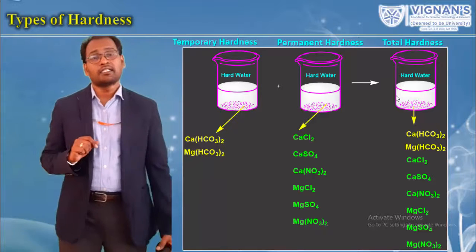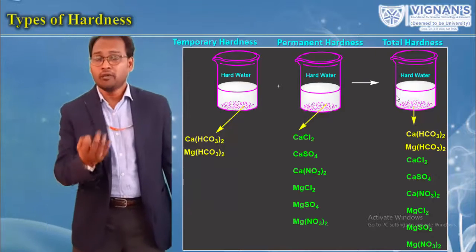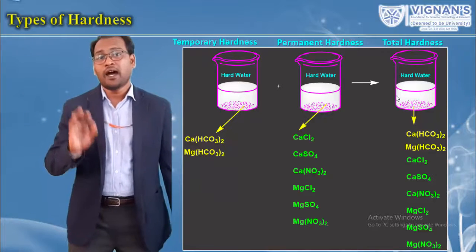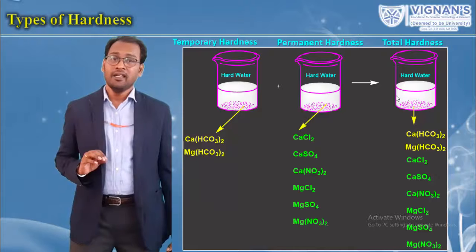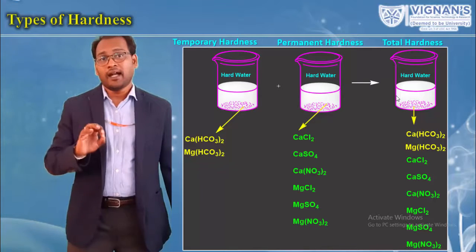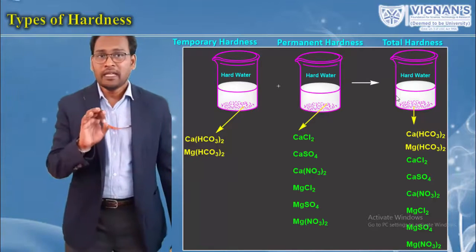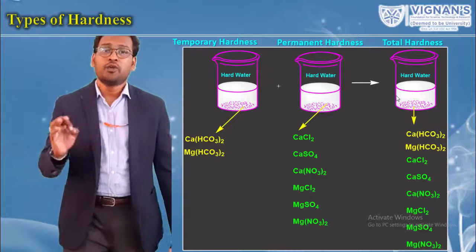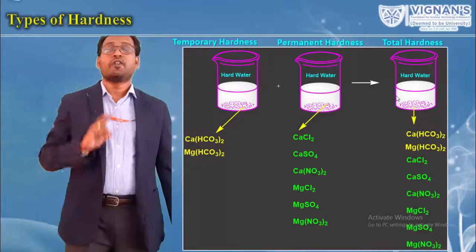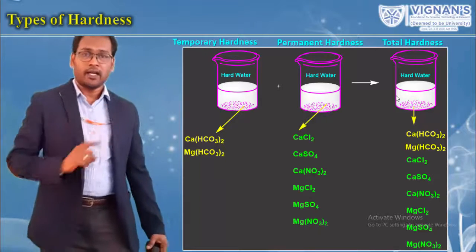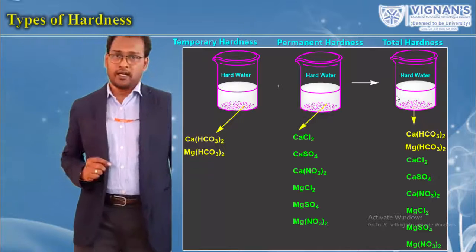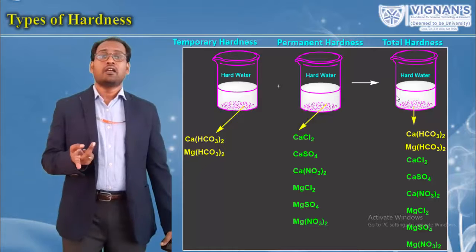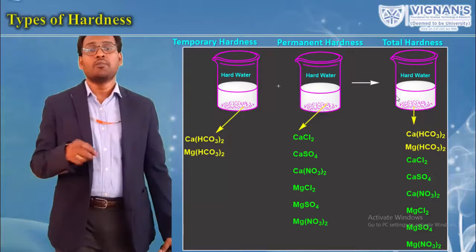What is permanent hardness? Permanent hardness cannot be removed completely, unless you use very harsh conditions. Permanent hardness is the hardness which cannot be removed easily by a simple process, but you need very harsh conditions to remove it. So there are two types of hardness, temporary and permanent. In temporary hardness, the hardness causing salts can be removed by a simple process.